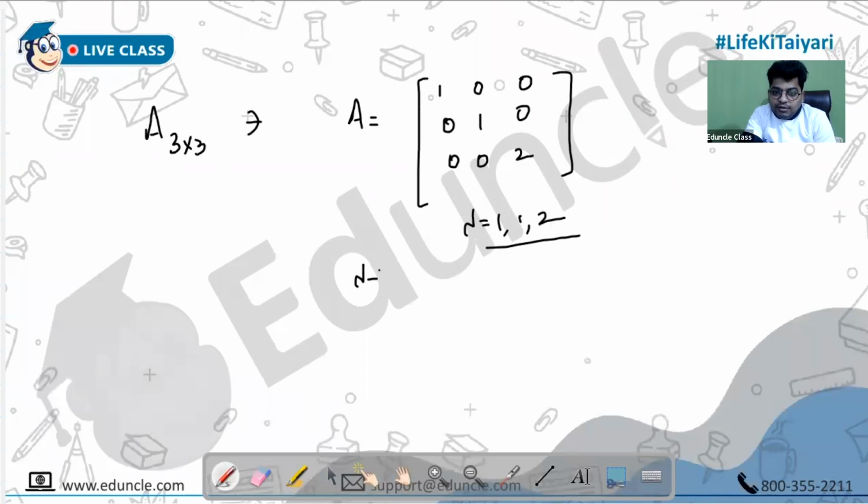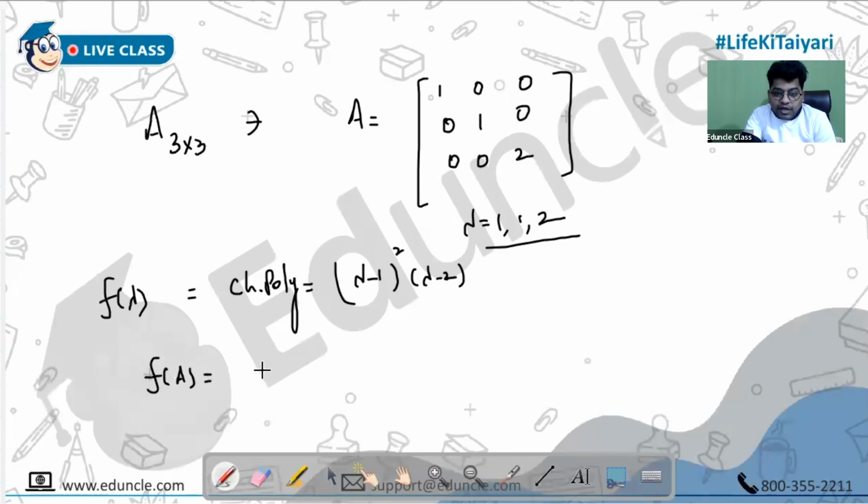So we can say (lambda minus 1) whole square and (lambda minus 2) is the characteristic polynomial. Call it f(lambda), so f(A) is (A minus I) whole square and (A minus 2I). This will be 0. So what is the meaning of this?